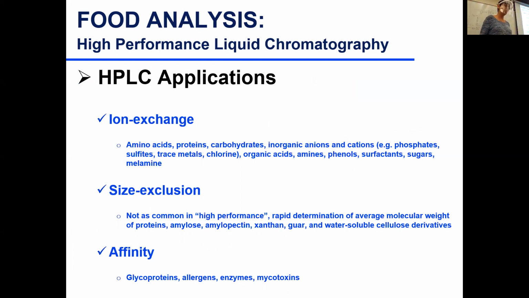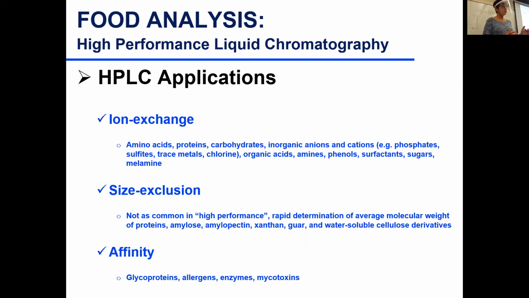So sugars are not charged molecules, but let's say at really high pH, they lose their hydrogen, they become negatively charged. So we're going to talk about it in the carbohydrate chapter. So you can use ion exchange for different applications. Size exclusion is usually used for purification, to just like one of the steps of purification.